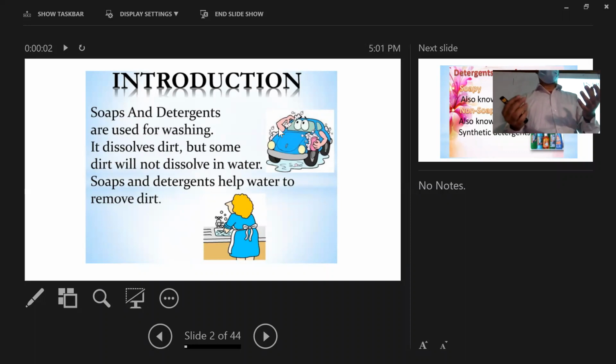Because it is hydrophobic, that's good, but mainly it depends on whether it can form a hydrogen bond or not. If the molecule can form a hydrogen bond with water, then it dissolves. If it cannot form the hydrogen bond, then it does not dissolve.